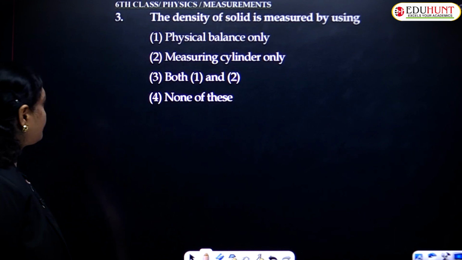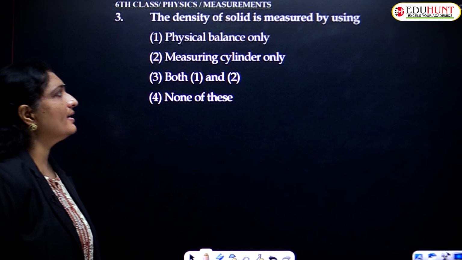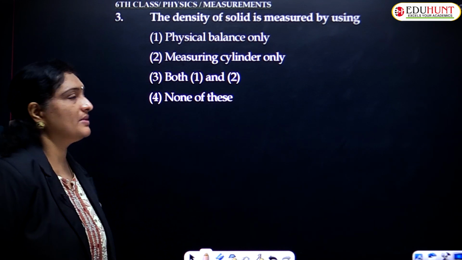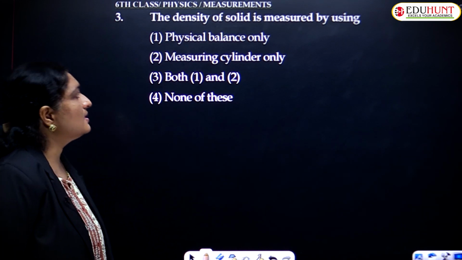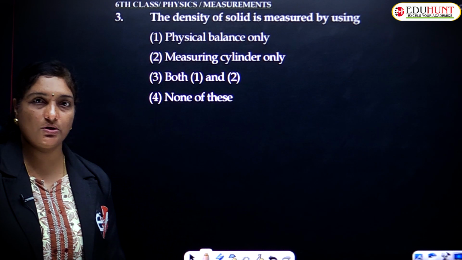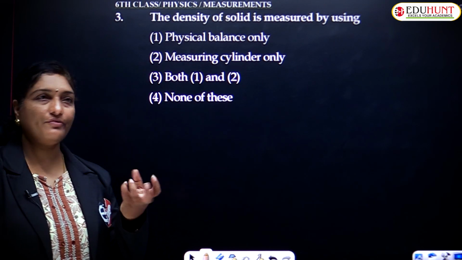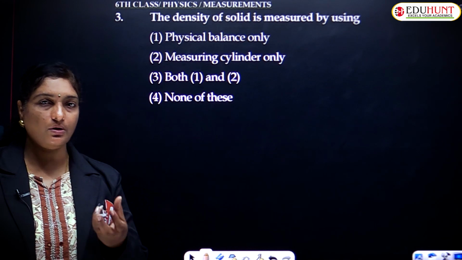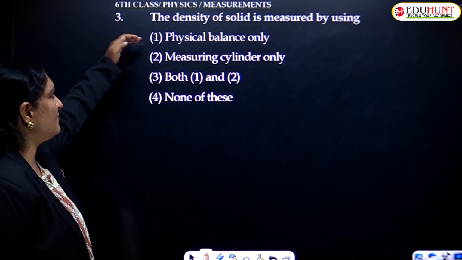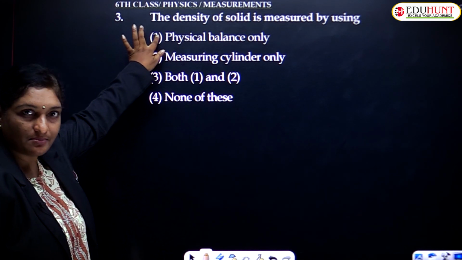Next question. The density of a solid is measured by using a physical balance, measuring cylinder, or both 1 and 2. I told you just now that if you would like to measure a density of any object, say suppose stone, first of all, with the help of physical balance, you have to measure its mass.